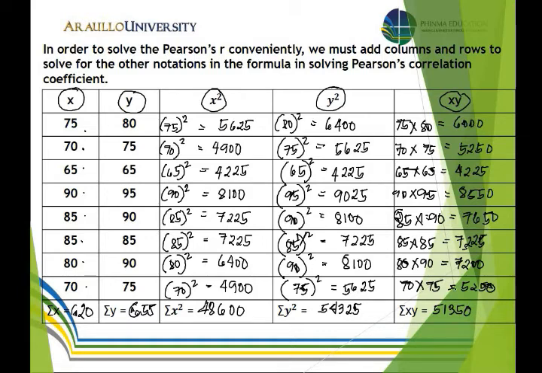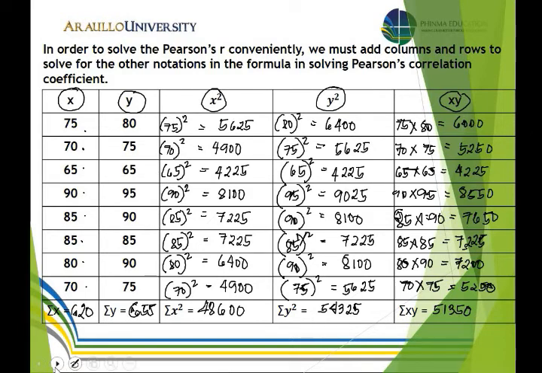So we have the summation of x, which is 620, summation of y is 655, summation of x squared is 48,600, summation of y squared is 54,325, and then summation of xy is 51,350. So, yun yung gagamitin natin sa formula natin.